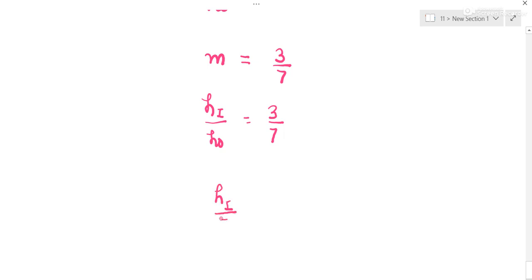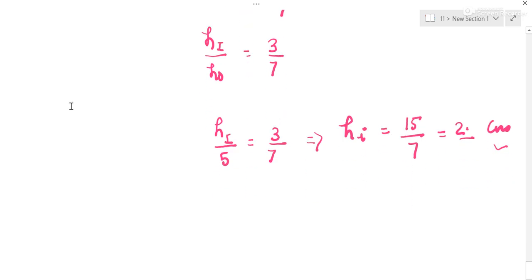Height of image by 5 is 3 by 7. So height of image would come as 15 by 7, which is 2 point something. So height is this much, centimeter or meter, whichever is given.